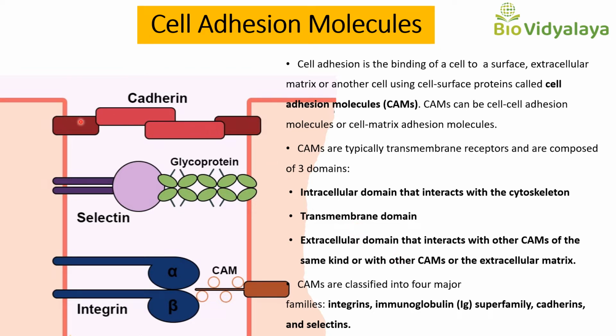See here, this is the CAM, this is the extracellular domain, and this is the transmembrane domain passing through the plasma membrane, and this is the intracellular, or cytoplasmic, domain. The intracellular domain interacts with the cytoskeleton, that is, the protein filaments in the cytoplasm like actin or intermediate filaments.